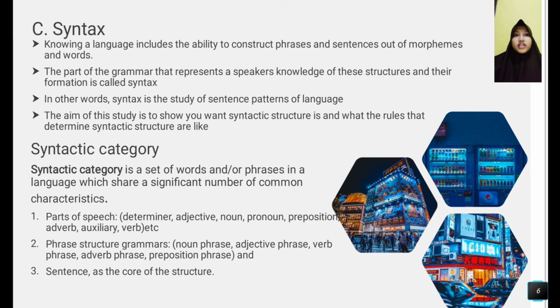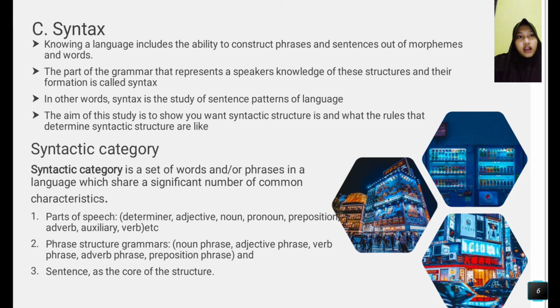In other words, syntax is the study of sentence patterns of language, and the aim of this study is to show you what syntactic structure is and what the rules that determine syntactic structure are like. And a syntactic category is a set of words and or phrases in a language which share a significant number of common characteristics.